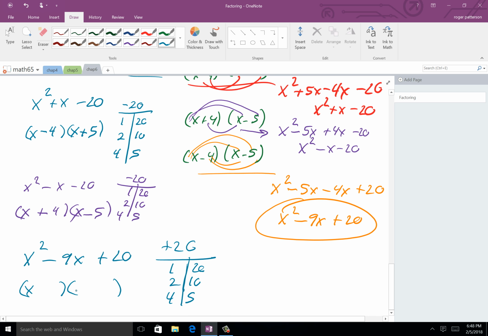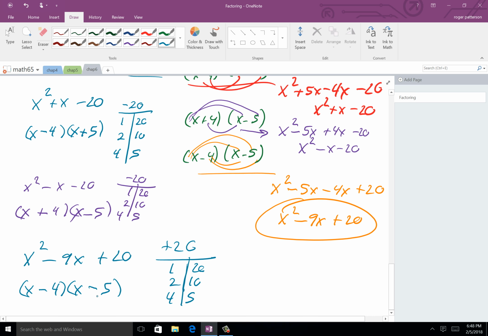So we have an x here and an x here. I know this is 4 and I know this is 5. But what are we going to put in here and here? Now we have to put negatives in there, minuses, because negative 4 times negative 5 is positive 20, and negative 4 plus negative 5 gives me a negative 9.